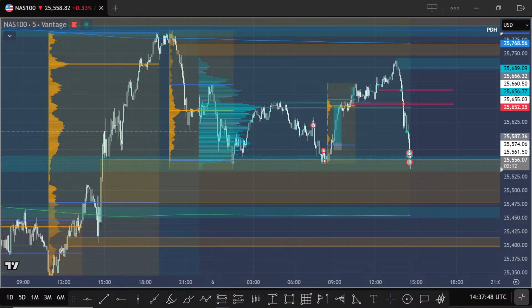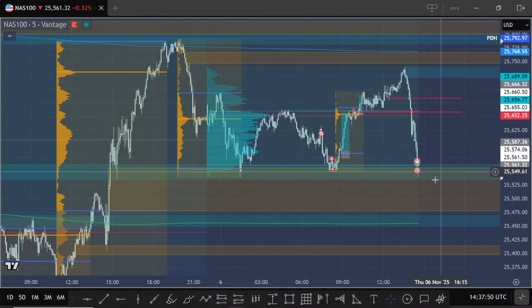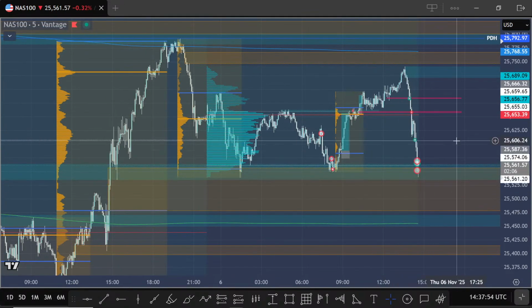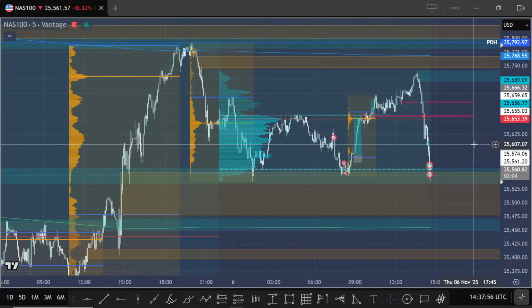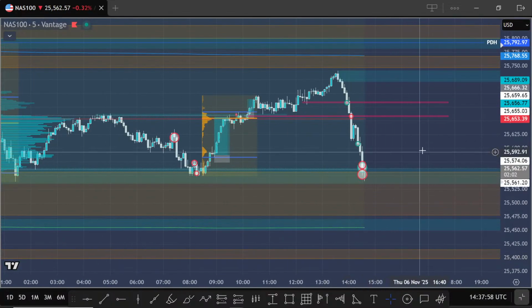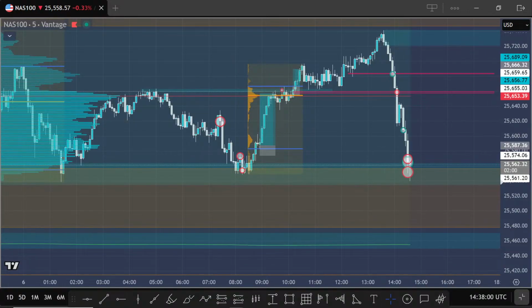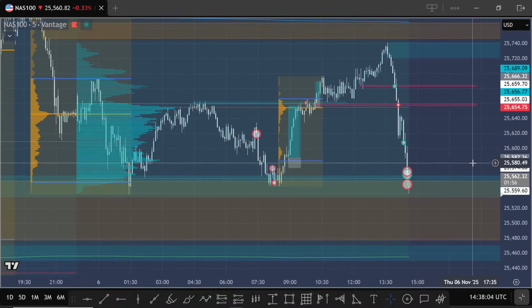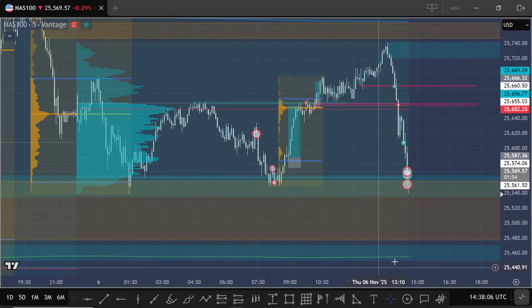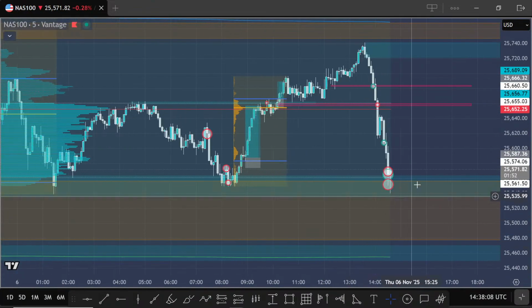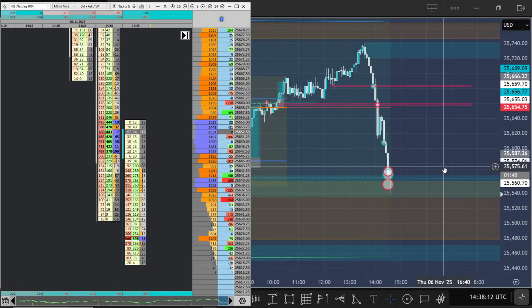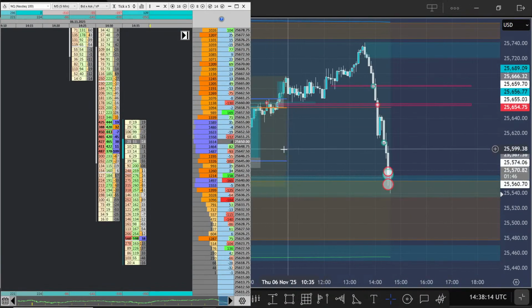I think that any buy is rendered irrelevant, or a much higher risk with the low volume node right there. I think we'll probably squeeze higher if we break above here.